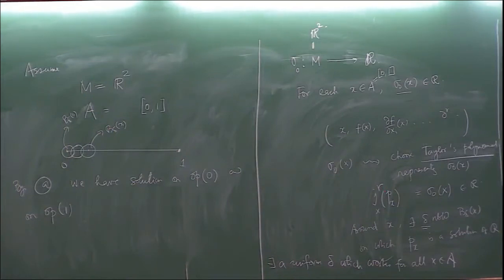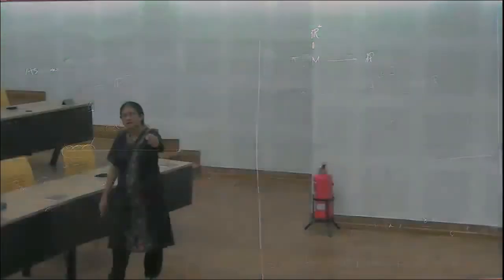Uniform delta does not involve estimates on the reminder. It's purely topological, like a Lebesgue number argument possibly, or some variants of that, using compactness of 0-1.